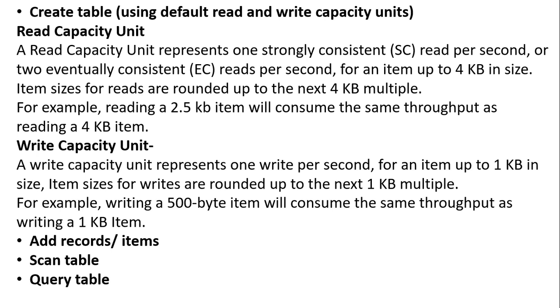You create a table only once, but you will read that particular table a number of times, so for that advantage the usage calculations are given like that. Next steps are add records or items, scan table and query table.